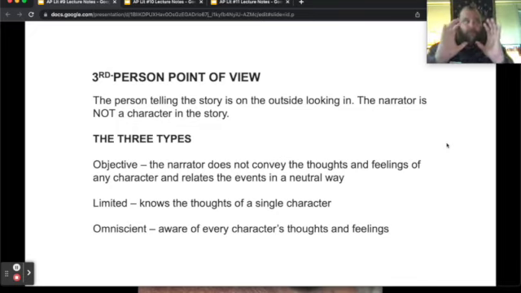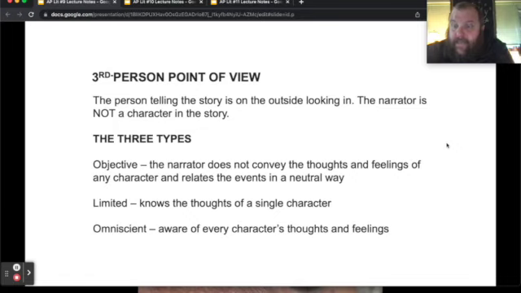And first-person point of view means that the narrator is within the frame, right? In the story, recalling events that either they themselves are taking part in, or that they are outside the events, but they're there in the story, seeing it happen, right? Third person means that they are outside of the frame, looking in, and we're going to explore that a bit.